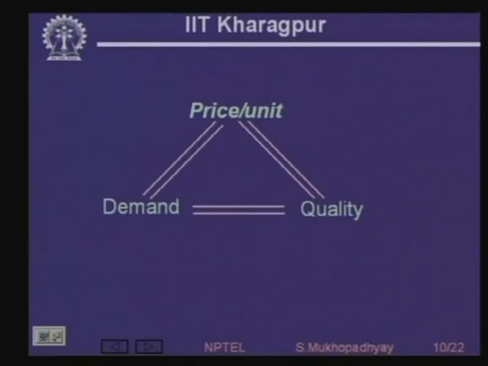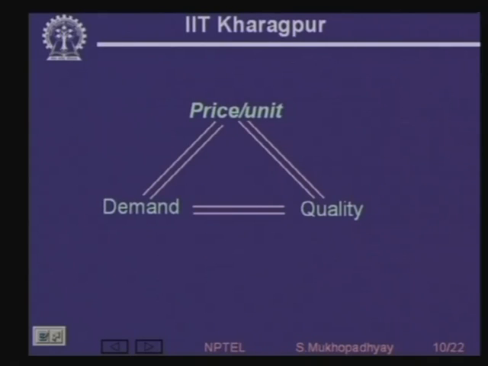Next, the third item is how we can affect the price. Now the price, as we have learnt in elementary economics, is very much related to demand. This is the only place where we are considering demand. Till now we were thinking that there is enough demand and you can sell whatever you want.